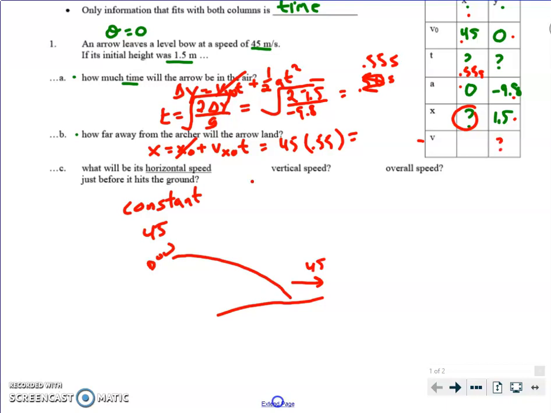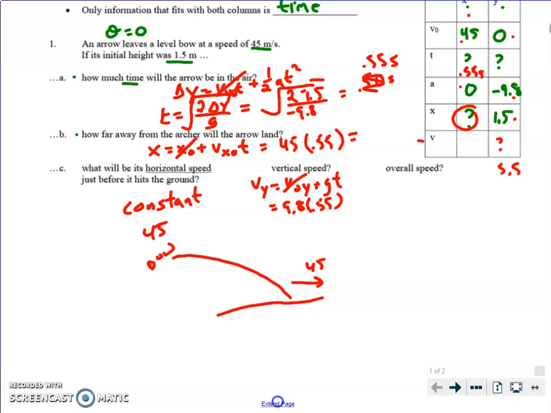We can say the vertical speed, Vy, equals the initial vertical speed plus gt, right? Because acceleration times time. And so that's 0 plus 9.8 times 0.55. Okay, so for argument's sake, let's just say that's 5.5. All right, I'm going to treat g as 10.